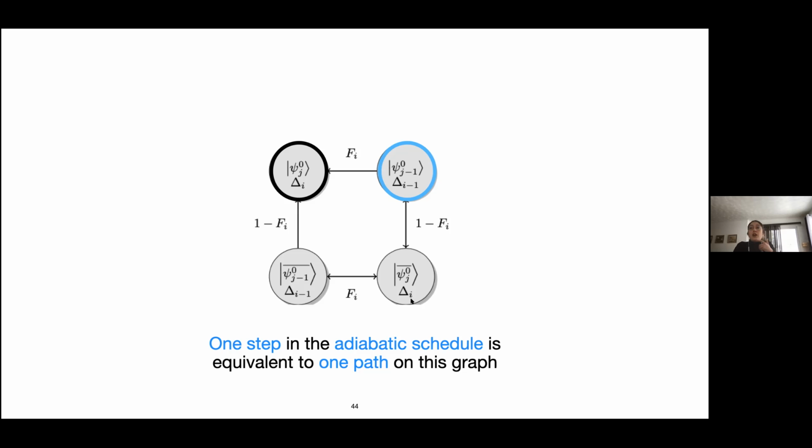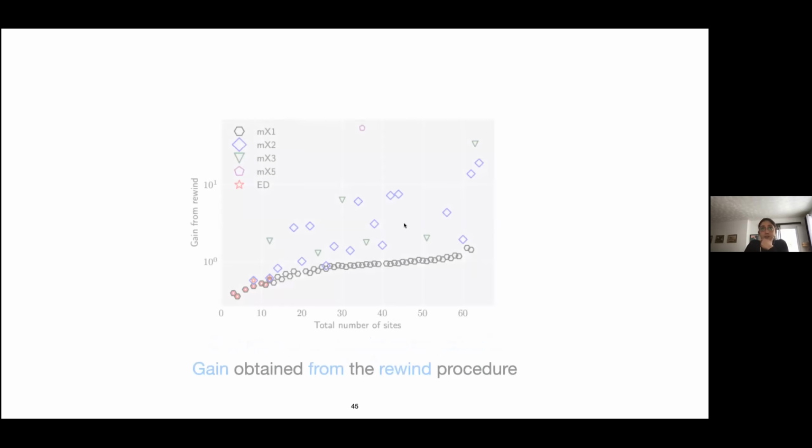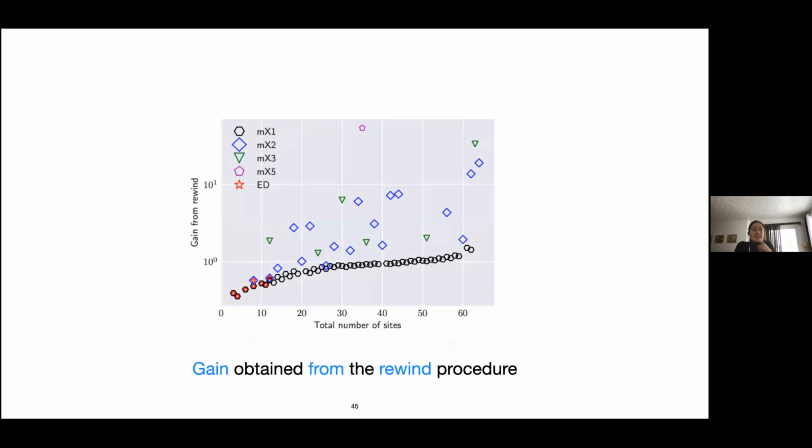But if you are at the end of your algorithm, it could be better to not have to restart from the very beginning. So we did some simulations, and it turns out that yes, a rewind procedure gives you some advantages. You use fewer resources by using rewind instead of restarting every time from scratch.